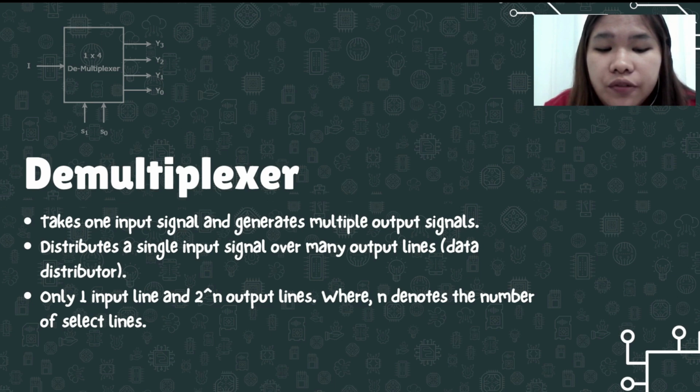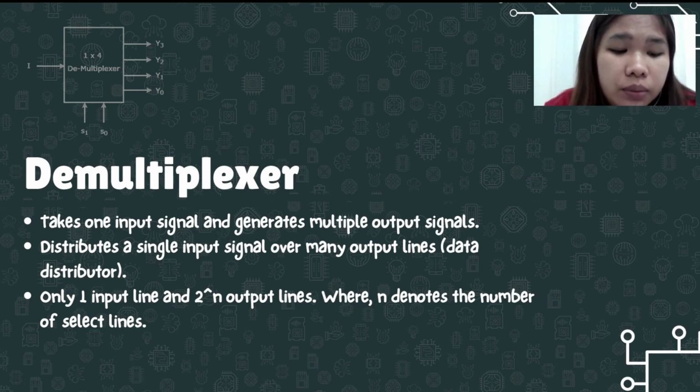Hence, it is also referred to as a type of data distributor. In the demultiplexer, there is only one input line and 2 to the power n output lines, where n denotes the number of select lines. Therefore, it can be noted that the demultiplexer serves as the reverse operation of the multiplexer.